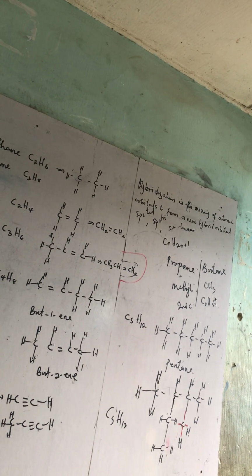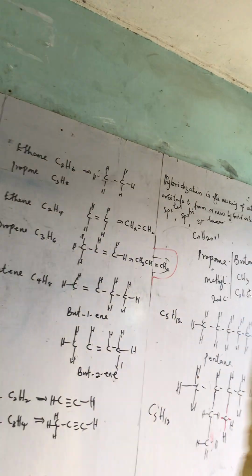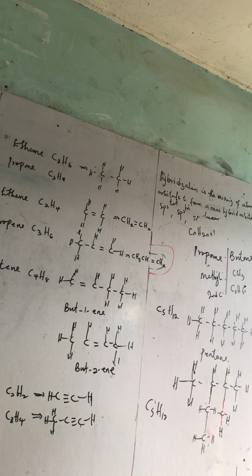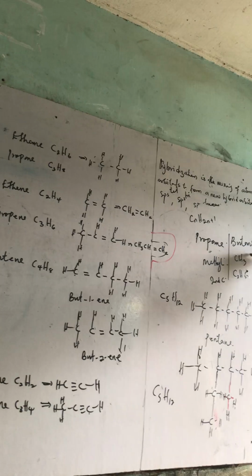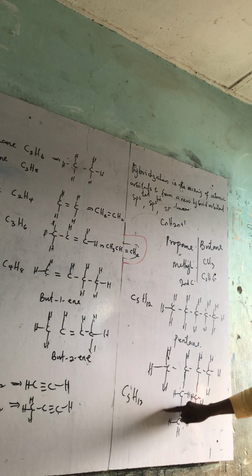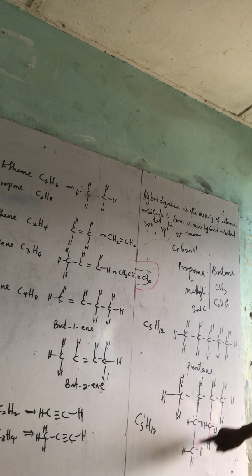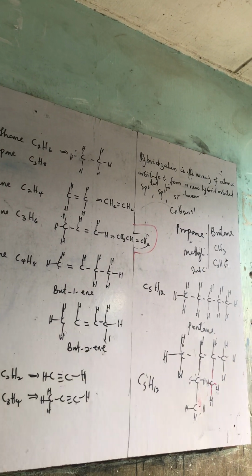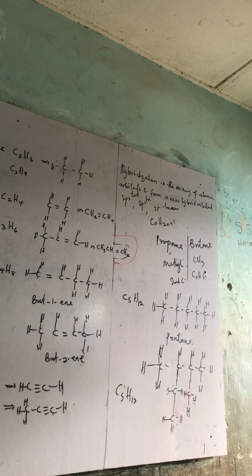This looks a little bit complex now. There's one attachment here, called methyl. Now there's another attachment here, C2H5, 1, 2, 3, 4, 5. So this is ethyl, and this is methyl. One of them is here and one of them is here.